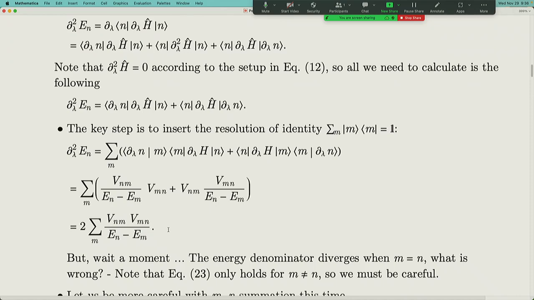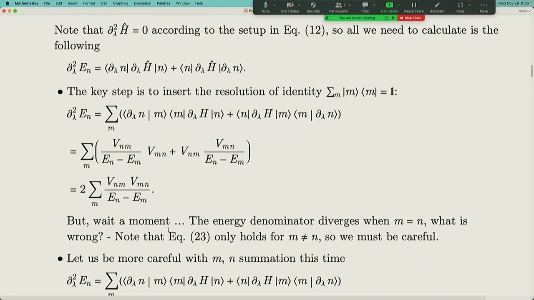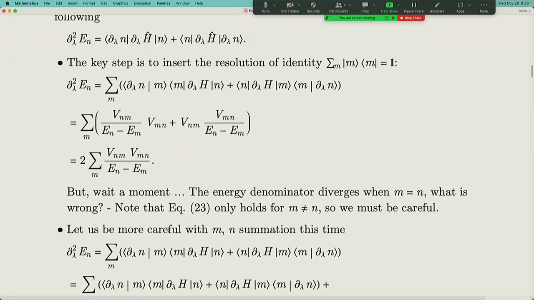If this is the result, we can put another derivative in front of this result, and then every term will be expanded again as a scalar product of operator with basis state, and then eventually the derivative will act on the operator, will act on the basis state, and then you just keep playing this game, and eventually we can basically obtain all orders of derivative. Although the computation will quickly become very complicated.